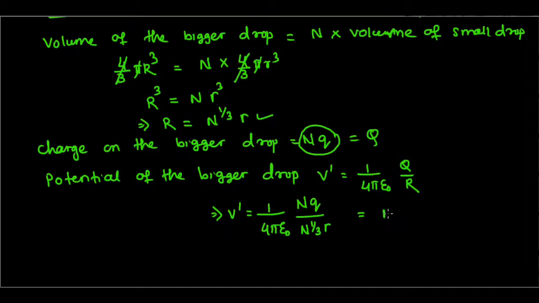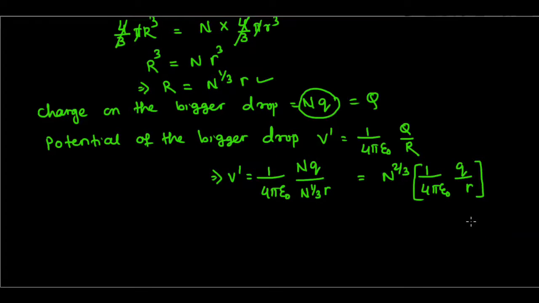So that is equal to n to the power 2 by 3 times 1 by 4 pi epsilon naught small q by small r. And the value inside this bracket is the potential of each small drop.